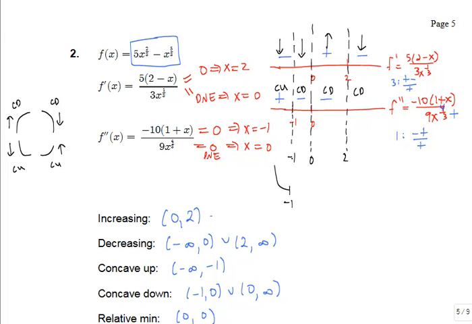Then between -1 and 0, I'm now concave down, decreasing, which is this shape over here. So I want to start this up at the top and then go down. So I'm going to start this at -1 and then go down to that 0.